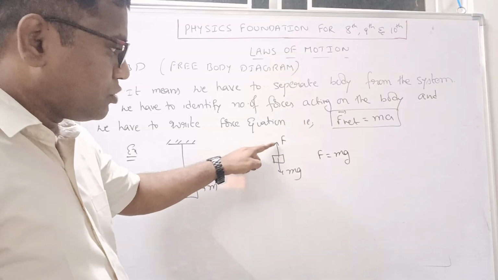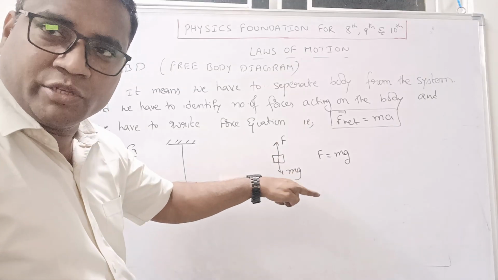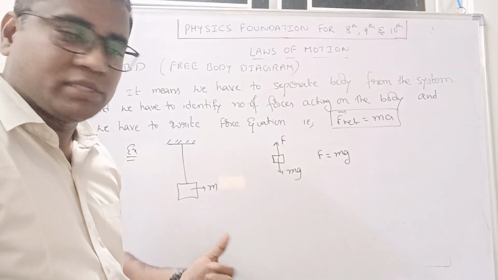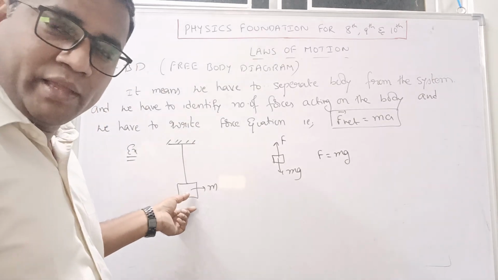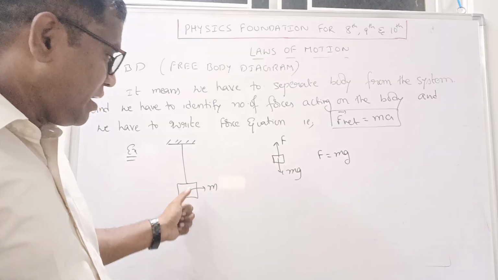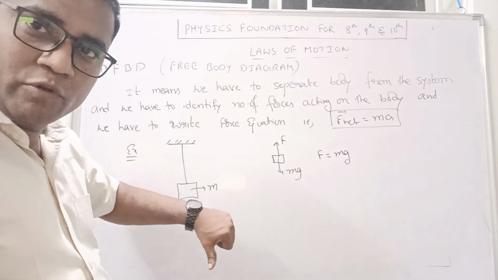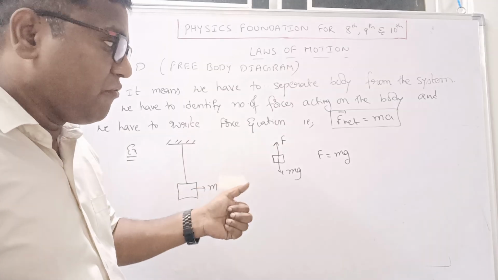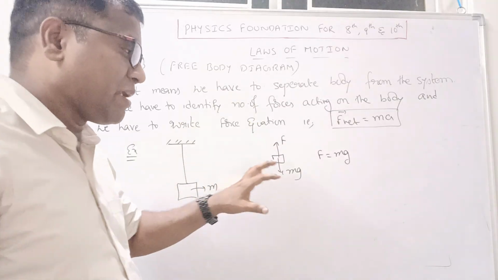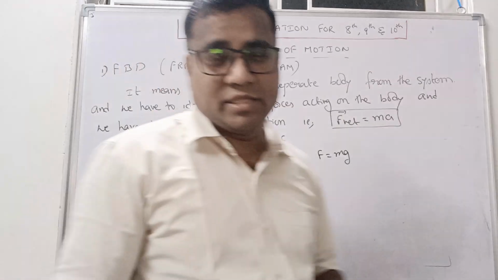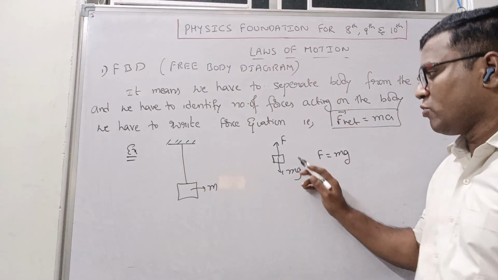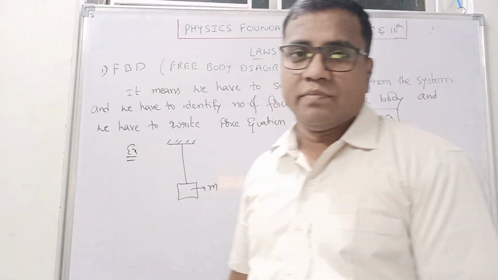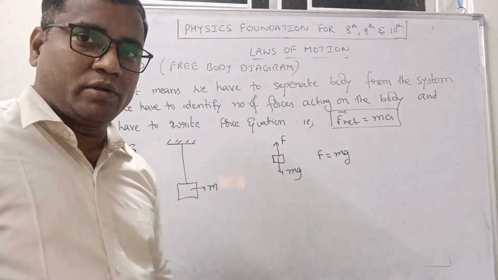So the total net force acting on the body is 0, that's why acceleration is 0. Why? Because this body is not moving, it is not accelerating. One upward force, one downward force, and the body is stable. When will it be stable? When the upward force and downward force remain the same. That's why in this situation I wrote F is equal to mg. Clear? Please make a note.